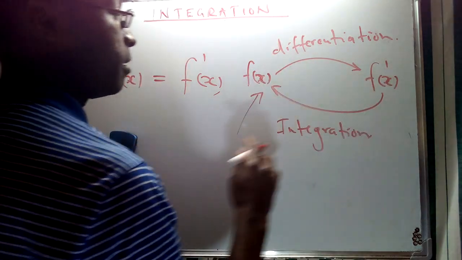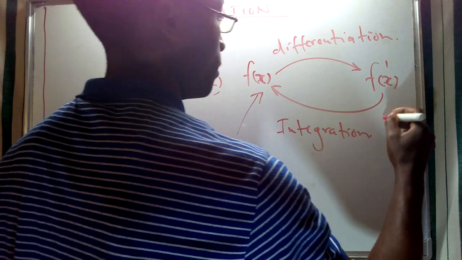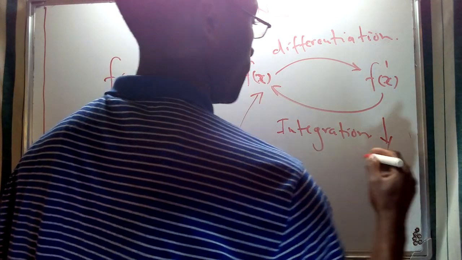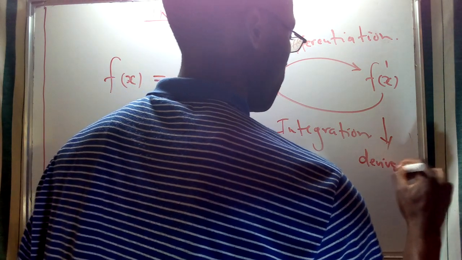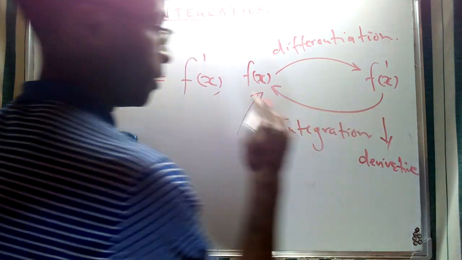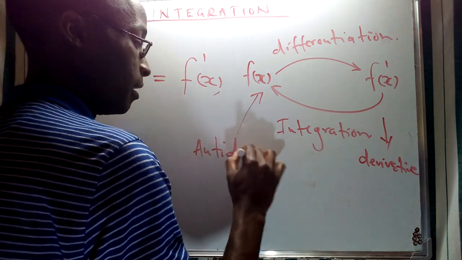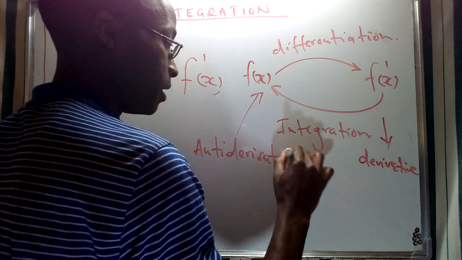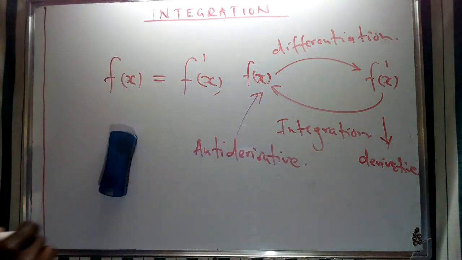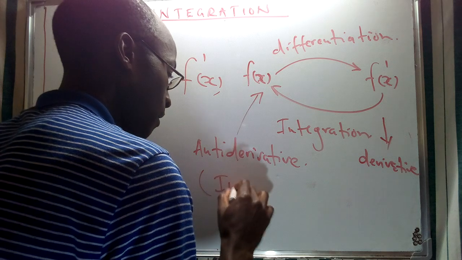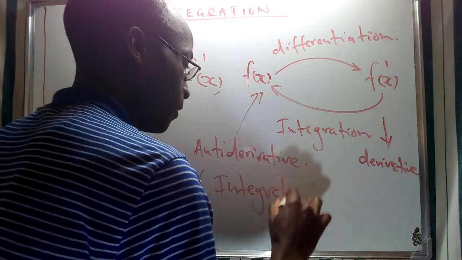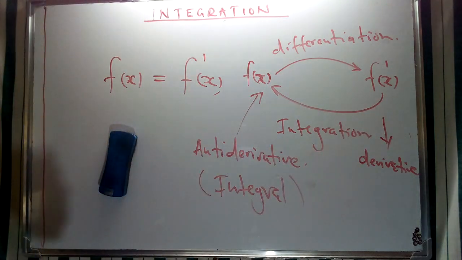Now for integration, this is going to be what we refer to as a derivative, but the reverse process is going to result in what we call an antiderivative. This antiderivative sometimes is referred to as an integral, and therefore the process of finding these integrals is referred to as the concept of integration.